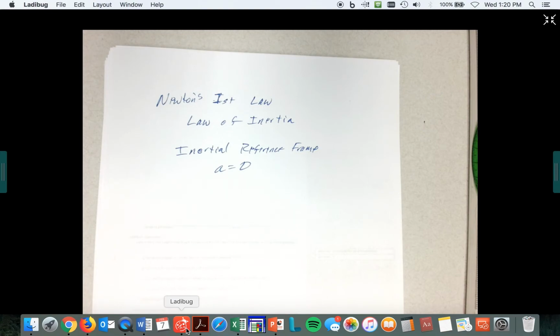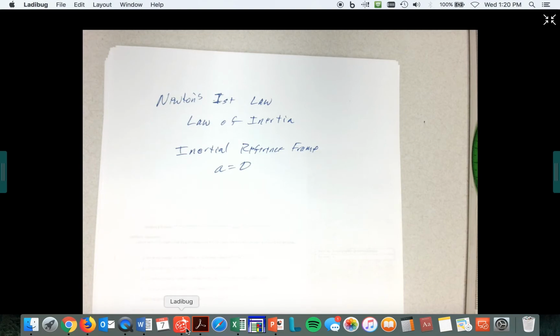An object will stay in motion in a straight line at a constant speed unless acted upon by an unbalanced force. It is not F equals ma.